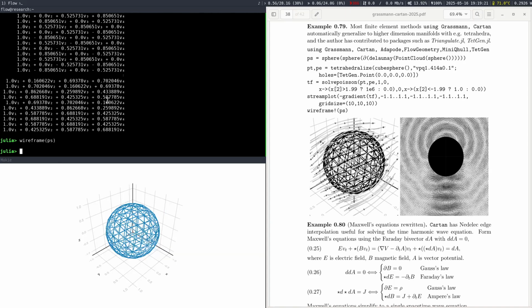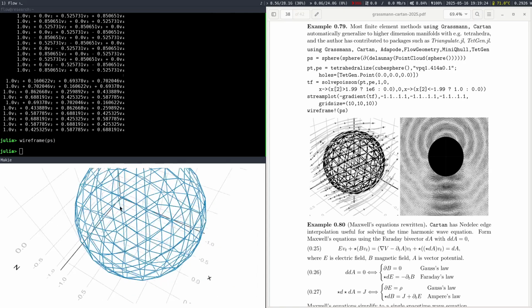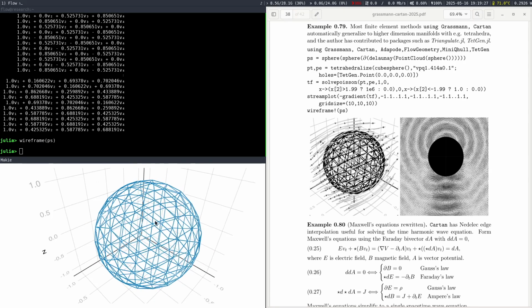So now we have this sphere, and we're gonna use that to tetrahedralize a mesh around the sphere, actually. Tetrahedralize cube sphere. And it's gonna have holes specified in it.